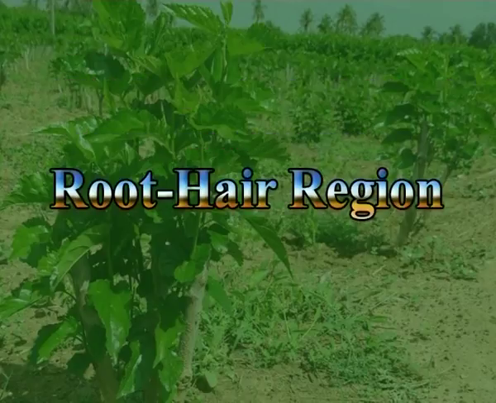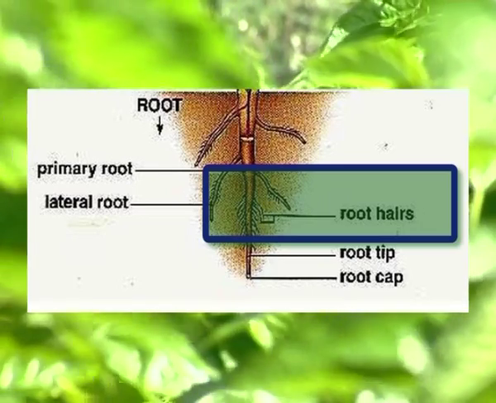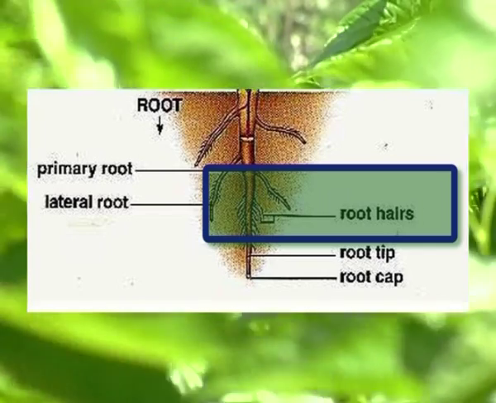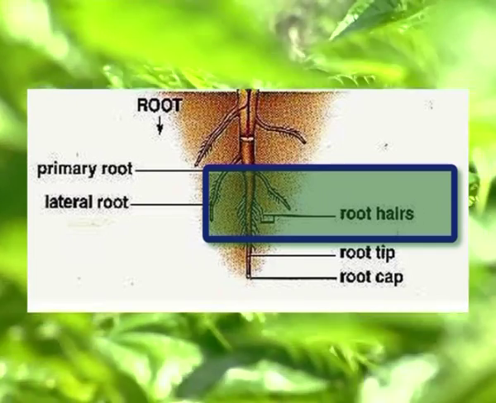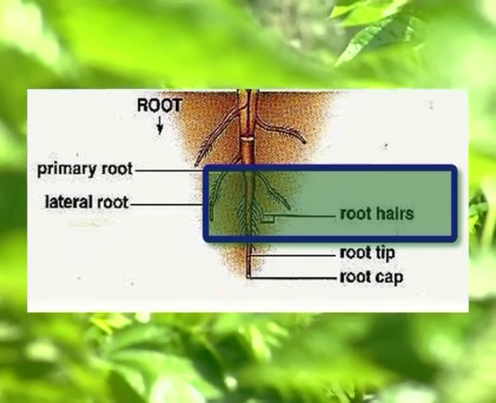Root hair region. The root hair region occurs a short distance above the region of elongation. Here a large number of fine hair-like growths are formed. They arise from the epidermal tissues of the root and are called root hairs. The root hairs are short and short-lived and develop in the primary and secondary roots.